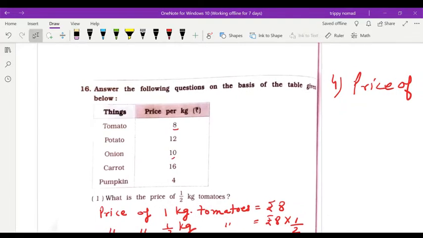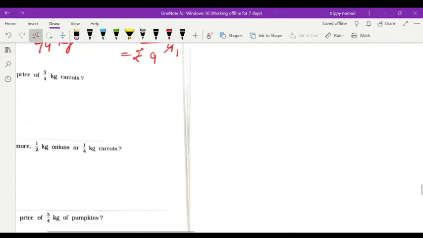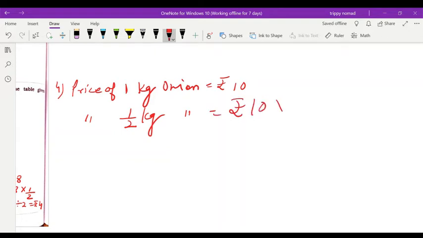They ask the price of half kg onion, that will be rupees 5. Price of half kg onion, rupees 10 into 1 by 2. Divide by 2, that means rupees 5.